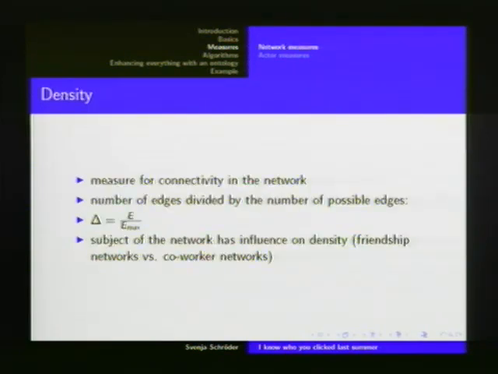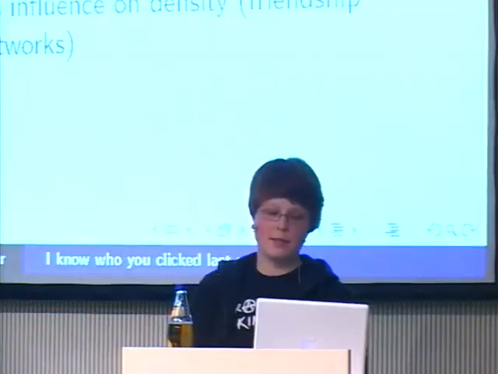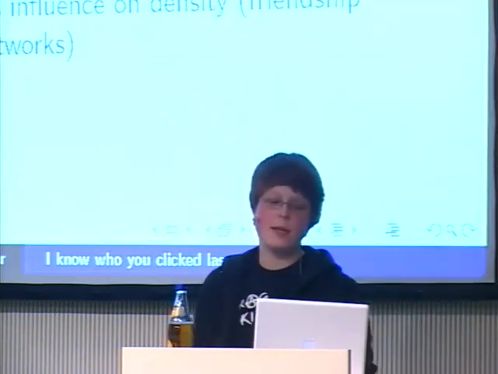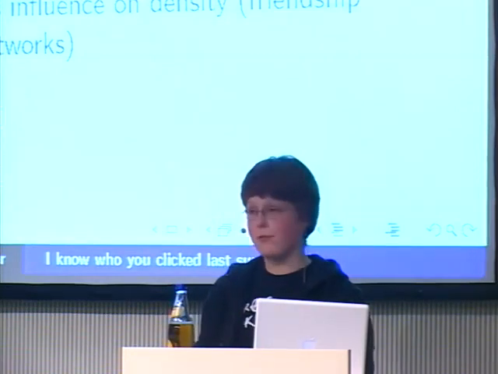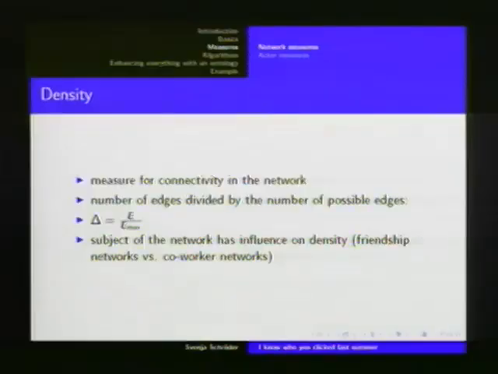One is the density. It's a graph measure. It measures connectivity in the network, how many links are in this network, and it's just the number of edges in this graph divided by the number of possible edges.